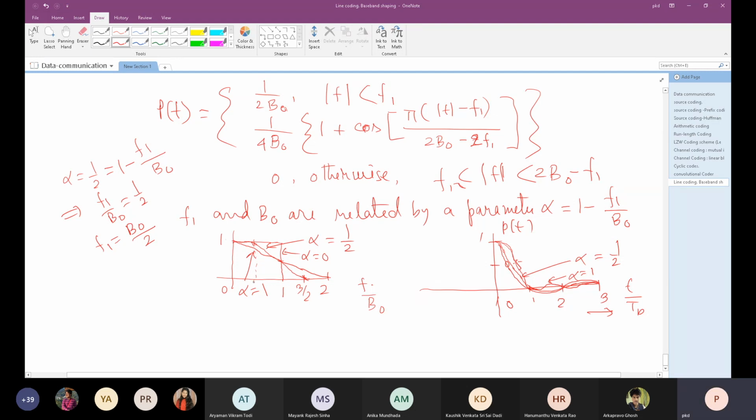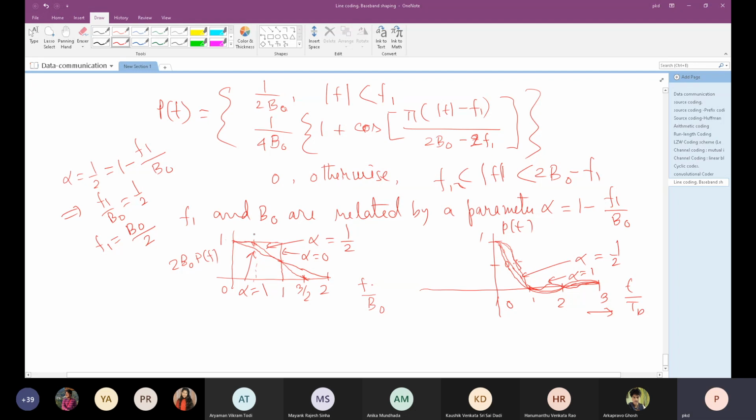So at this, for f less than f1, we have pf equal to 1 by 2 b0. Okay, so in case this value is normalized with 2b0, so this is 2b0 pf.